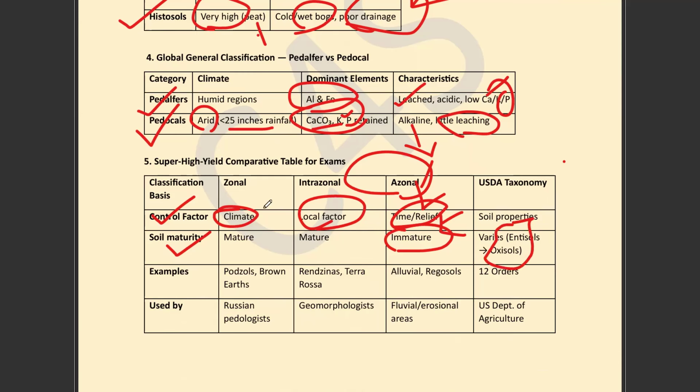Whatever we have been learning after the classification, here we have placed it. And examples: there are 12 orders, and those 12 orders are here. It is used by Russian pedologists.